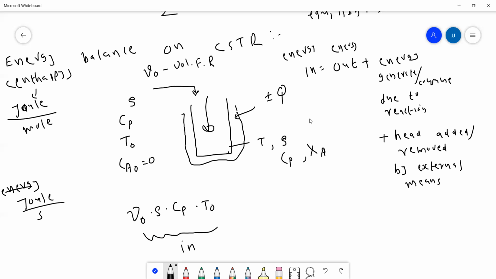That means this Q. So the energy input to the system is due to the reactant, because reactants always have certain energy. Similarly, the product also has certain energy. But this is the energy in.